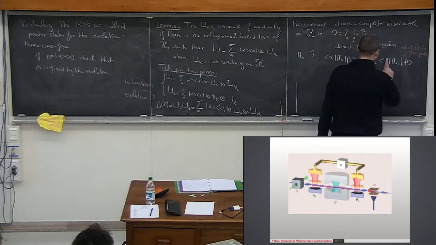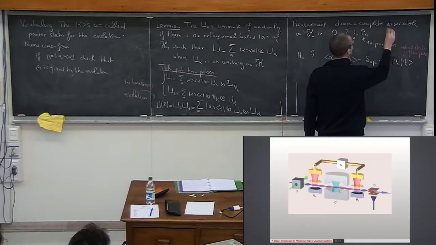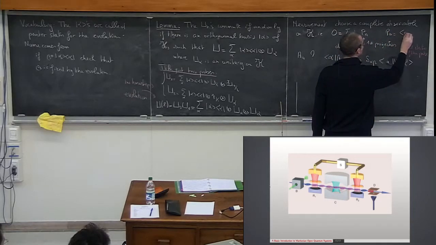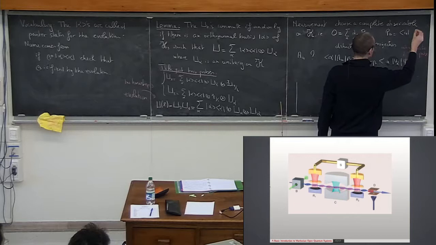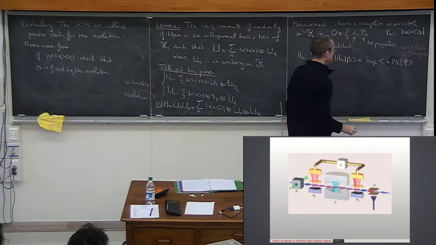This is completely wrong. So psi is correct. Here is U alpha, and here is the state A. PA is just the projector on A. I'm sorry. This is the correct equation.